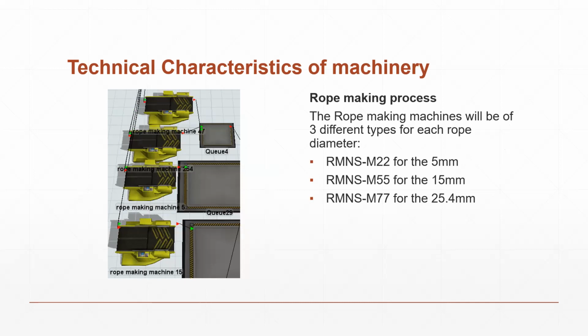For the 15 millimeter ropes, we are going to use the RMS M15, with a capacity of 15 meters per minute. Finally, for the 25.4 millimeter ropes, that is the RMS M76, with a power of 22 kilowatts.